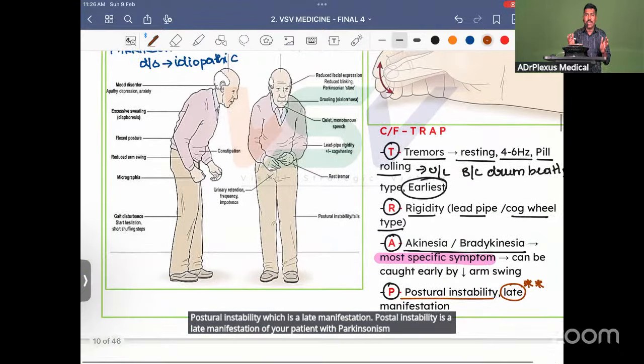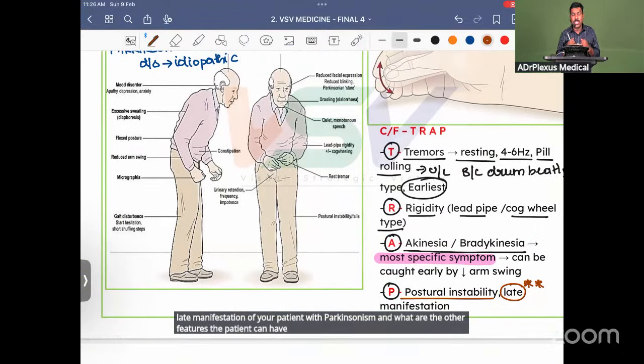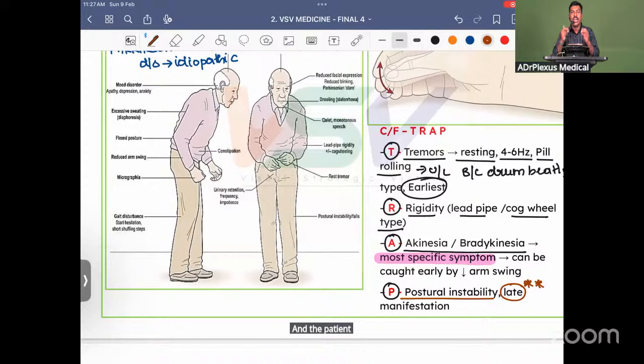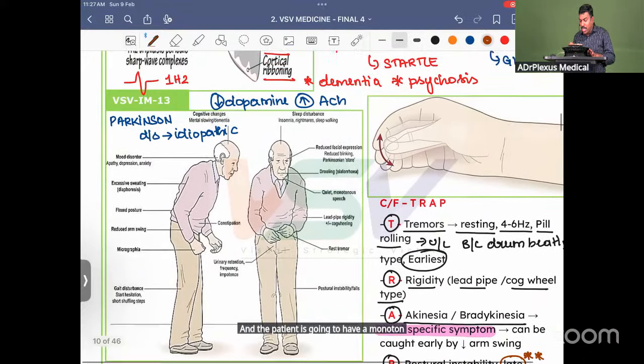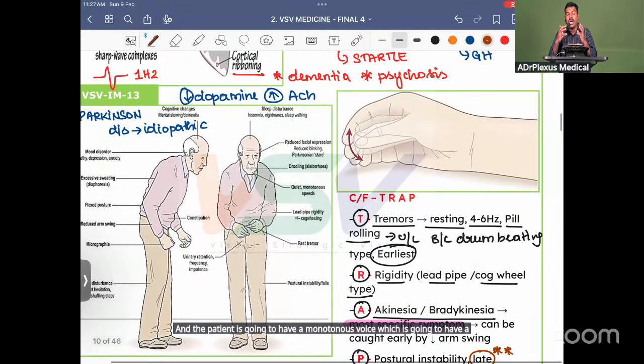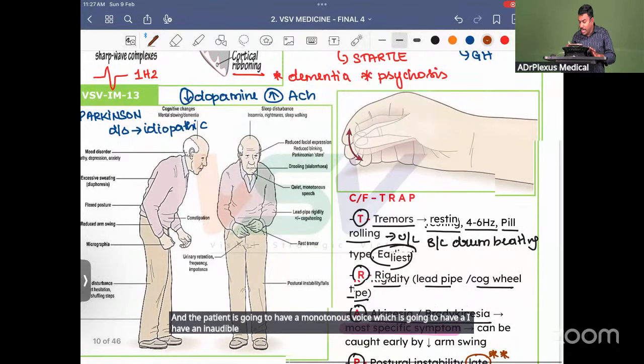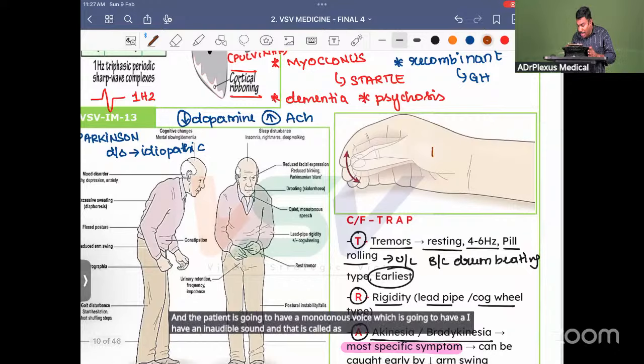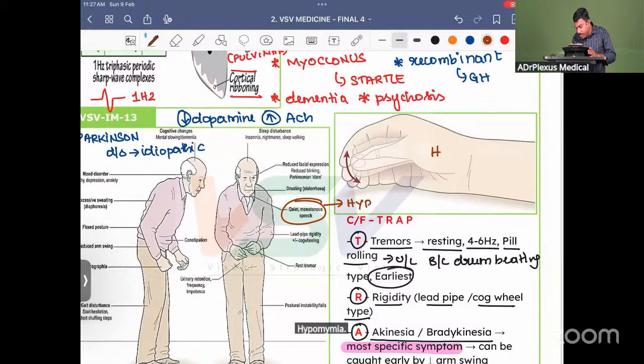And what are the other features the patient can have? The patient is going to have a reduced arm swing. The patient is going to have a gait which is called Festinian gait or shuffling gait. The patient will have a stooped forward posture. And the patient is going to have a monotonous voice with an inaudible sound, and that is called hypomimia.